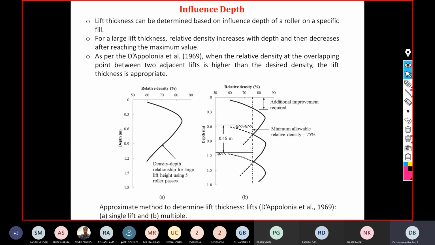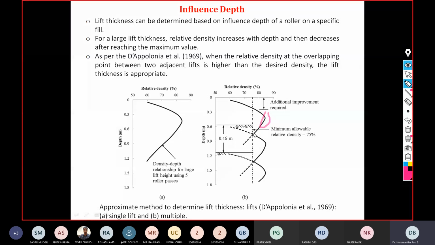Suppose you have many lifts, then there is a peak and there is a minimum, or the average. In fact, it is a minimum. If you look carefully here, this is the peak value, and this is the minimum relative density that is achieved corresponding to different lifts.